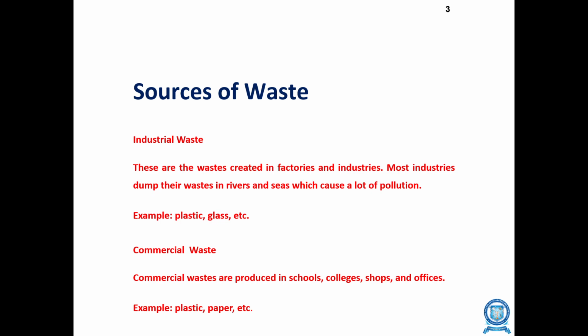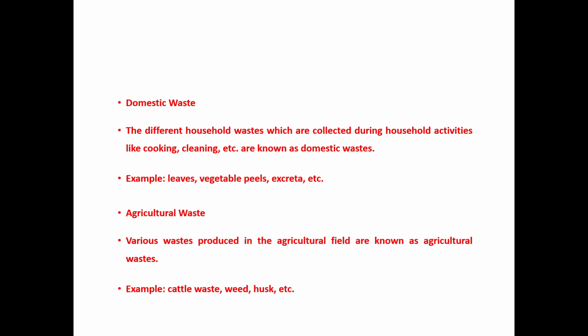For example, plastic glasses are not degradable. Then there are commercial wastes, which we get from schools, colleges, etc. Plastics and papers are recyclable, but how we are going to do it, we'll be seeing later. And domestic waste: domestic waste comes from household activities, such as vegetable waste and leaves, excreta, vegetable peels, or the leftovers of fruits and everything, which we call domestic waste.